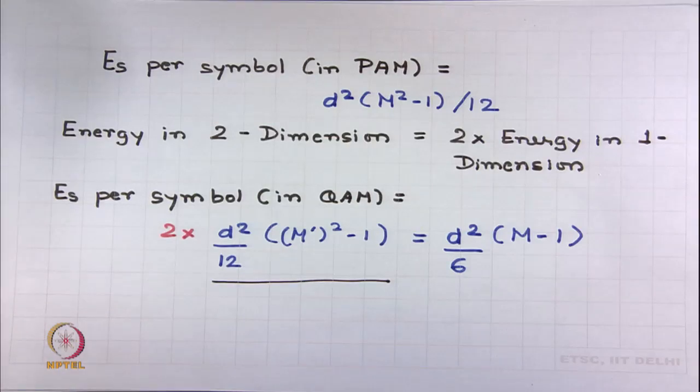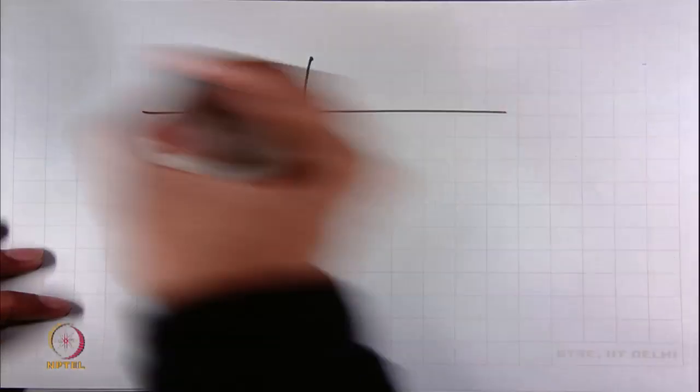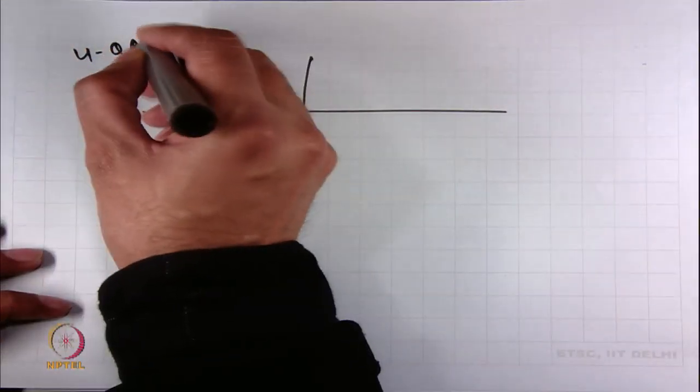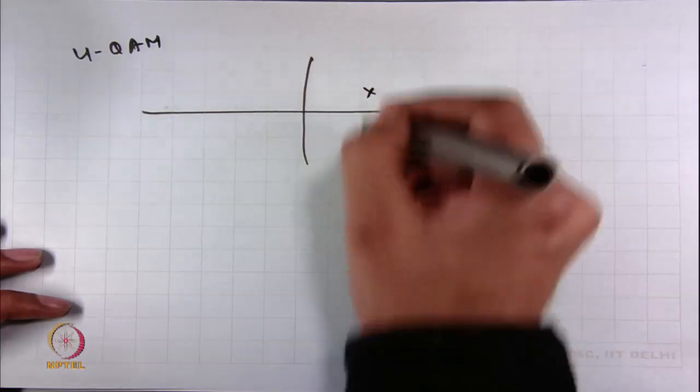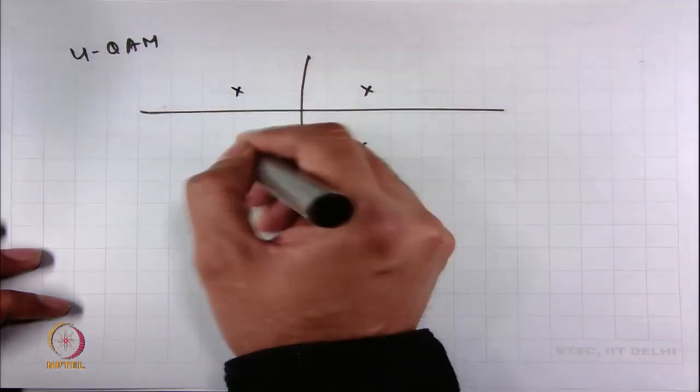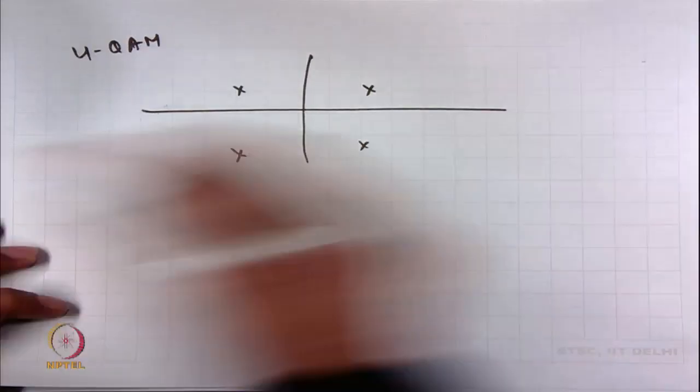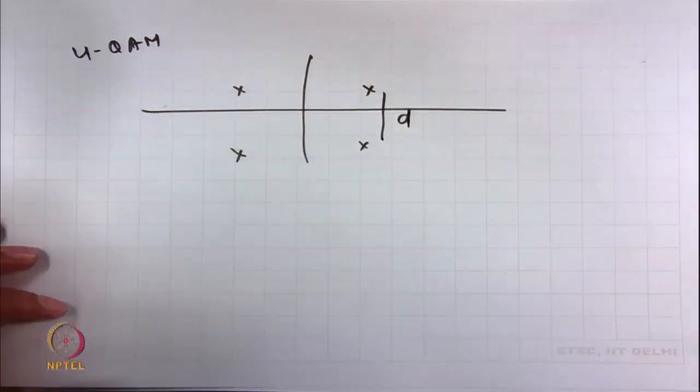Let me do one exercise before we conclude this. Let me take a simple QAM modulation, let us say 4 QAM, and let us take 4 symbols because it is 4 QAM. Let me assume that the distance between the symbols is d.